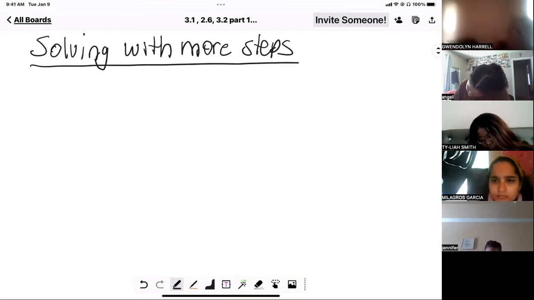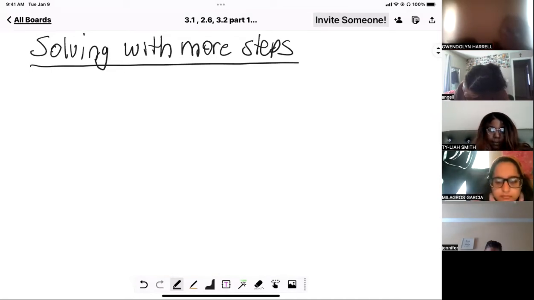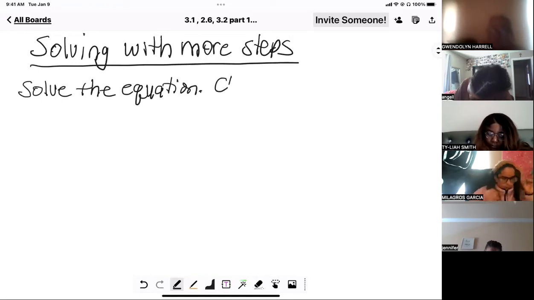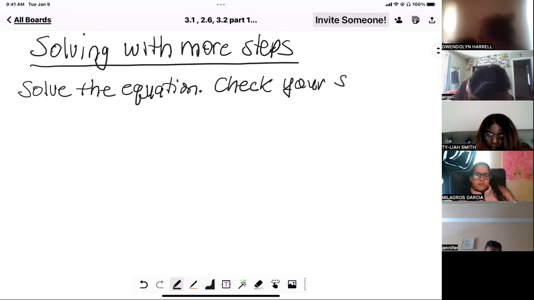So it's going to take more than one thing to find an answer. And you're going to see directions like this: solve the equation, check your solution.